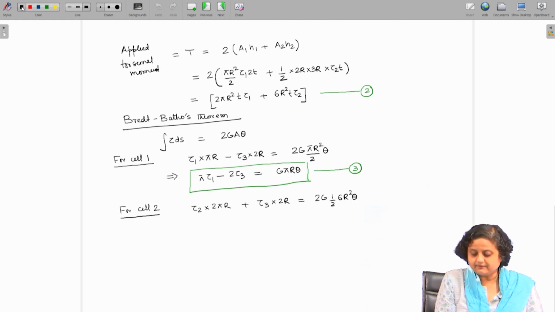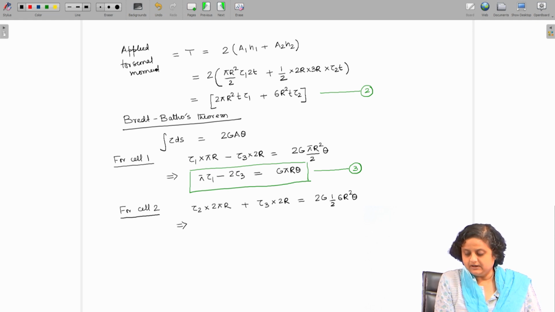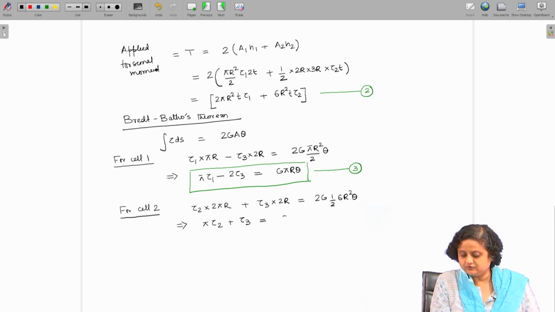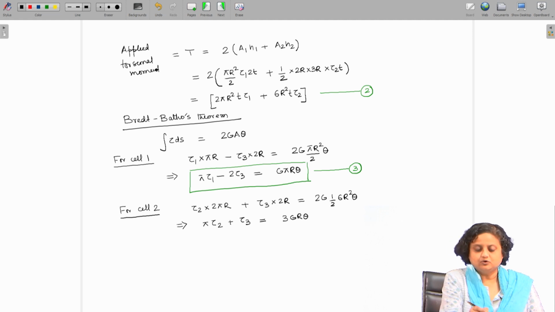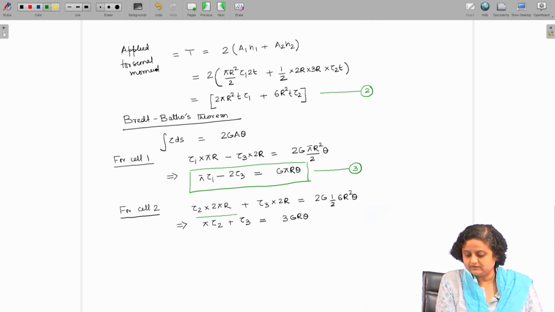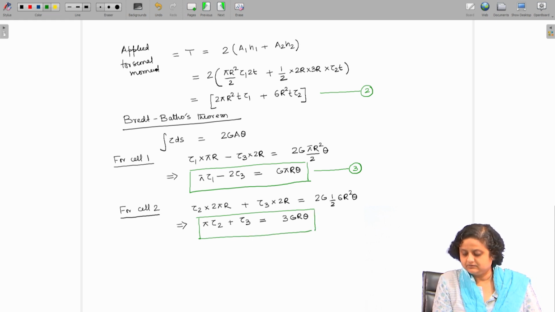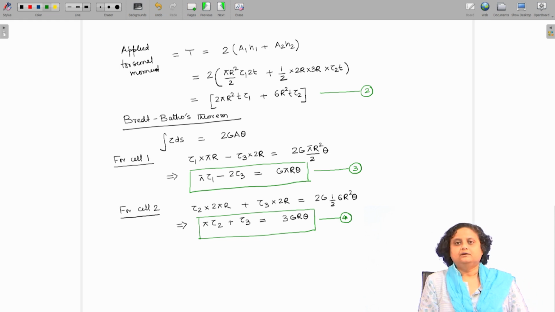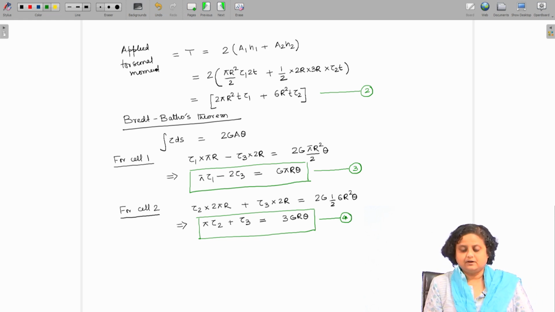If I simplify this equation, I will have pi into tau 2 plus tau 3 is going to be G r theta. So, this is the fourth equation that relates the shear stresses to the angle of twist.